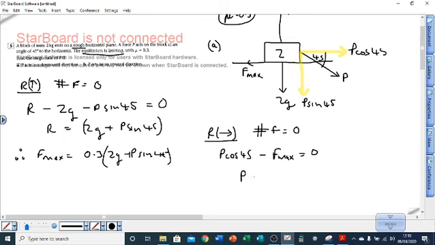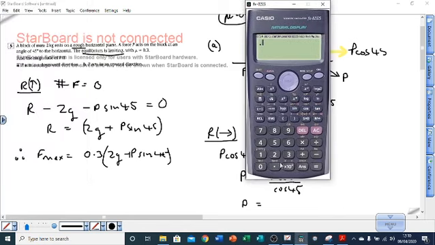So P is simply equal to F max divided by cos 45, and that's what P would have to be.